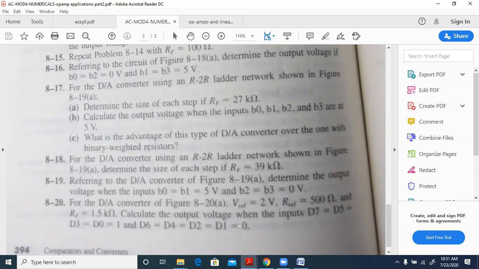It will be 8-bit. D7, D5, D3, D0 equal to 1, and D6, D4, D2, D1 equal to 0.